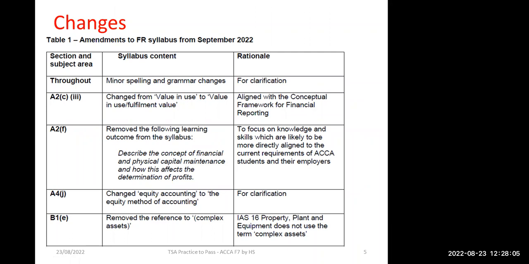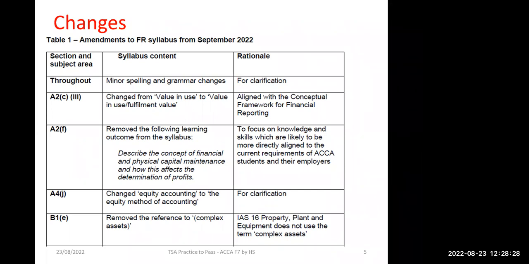So the examiner has made some minor changes in the syllabus to ensure compliance with the conceptual framework. There are some minor spelling and grammar changes, and there are some major changes.